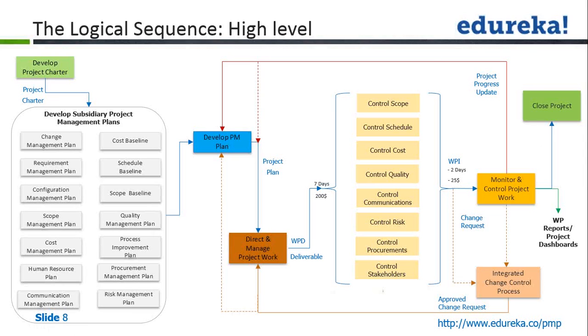So that is a logical, very high level sequence of the overall processes of project integration management. Okay, I hope it is clear to everyone. If you have any questions, I'm waiting here. Please type in your question and I'll be glad to answer it. Okay, fine.